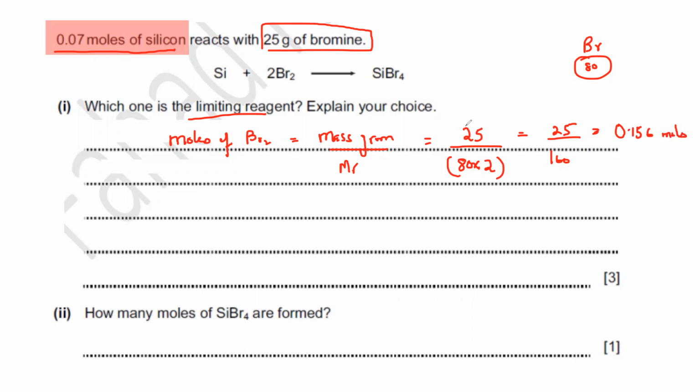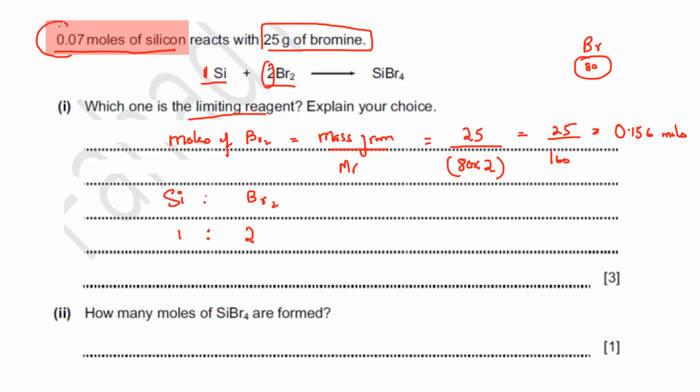Now, how do we work out which one is the limiting reagent and which one is the excess reagent? Simply, we use a ratio, the ratio according to the equation between the two reactants. If we have one silicon, how many bromine should be there? There should be two bromine.